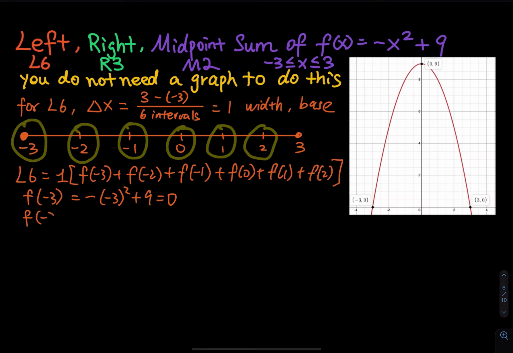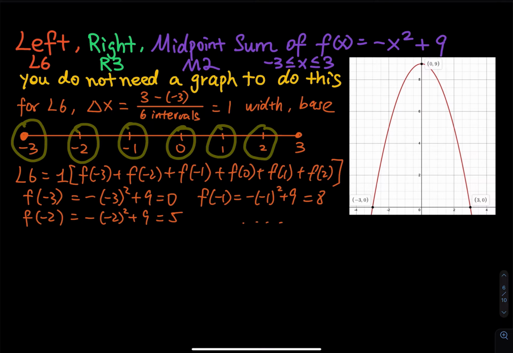And then f of negative 2, you have negative 2 squared plus 9, so you have a 5. Try negative 1: you have negative 1 squared plus 9, and 9 minus 1 equals 8, and so on and so forth. That is how you do the function evaluation, and the result represents the height of the corresponding rectangle.